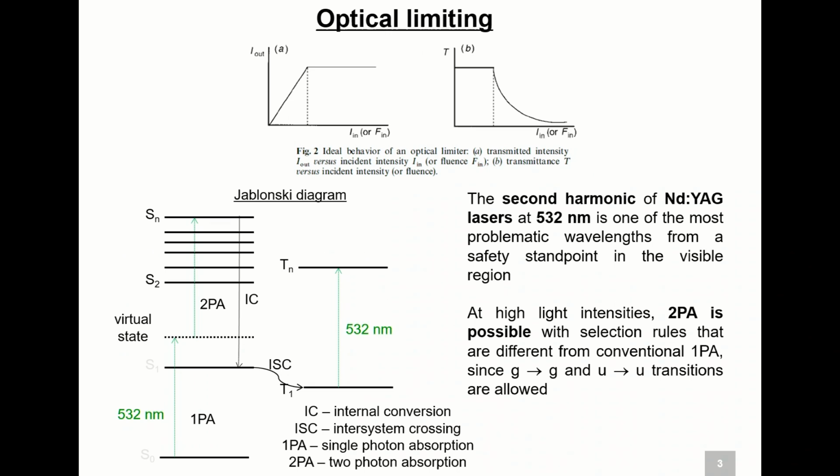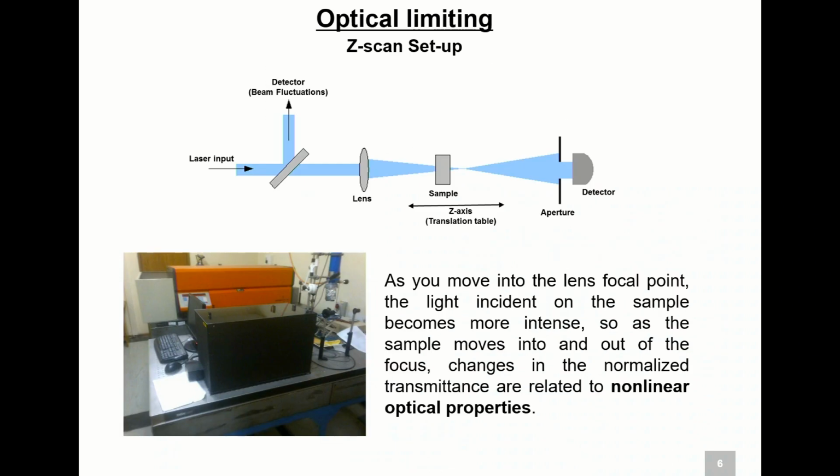And essentially, if you have an excited state which can absorb the light to a greater extent than what's happening in the ground state, you can have higher absorption of the incident laser light at high light intensities than you would normally have at ambient light conditions. And that means that you can potentially protect the eyesight of the pilot from the effect of the laser pointers.